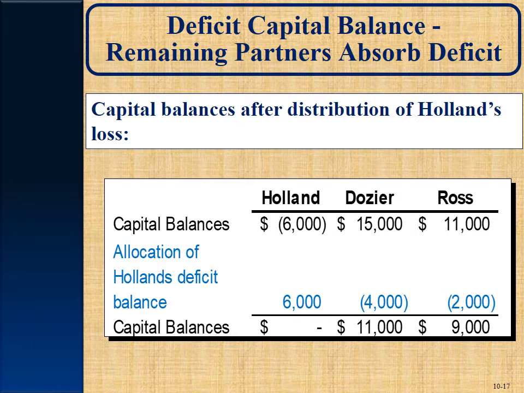So the amount that would go to Dozier is $11,000 and Ross would get $9,000. So that equals the $20,000 cash balance. That's how they would split up that $20,000 that is there, if they want their money early before a full liquidation.